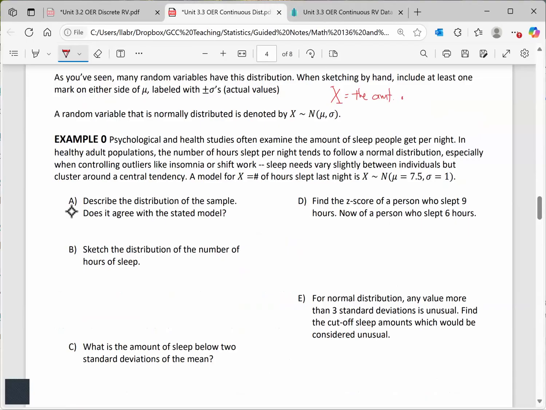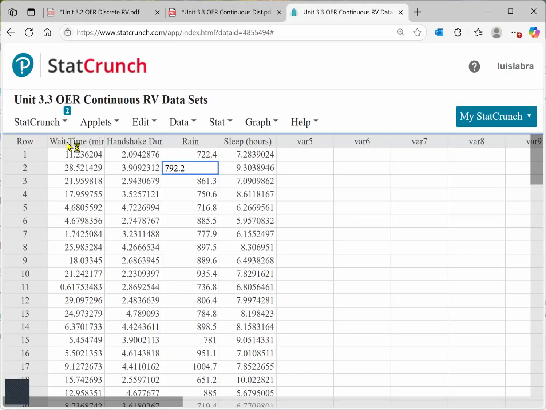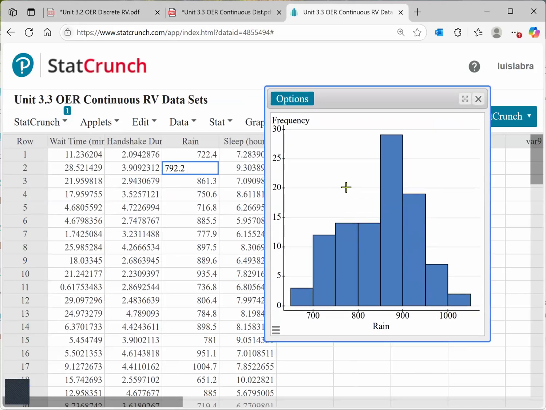And usually, I believe it's measured in millimeters. So they measured the amount of rain in millimeters, and we go ahead and find some evidence based on our histograms that the amount of rain could potentially be normally distributed.